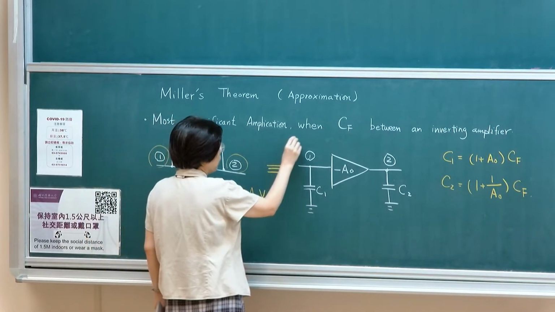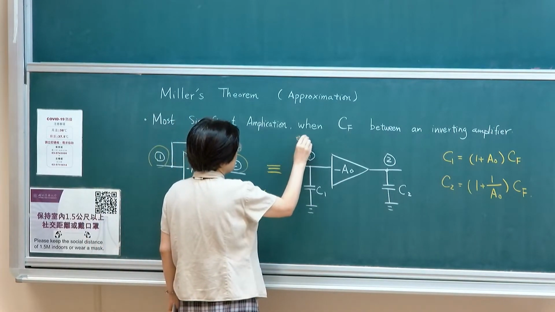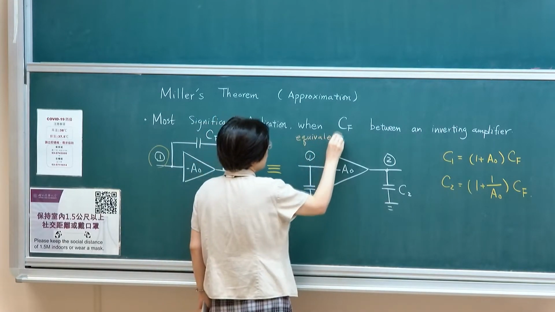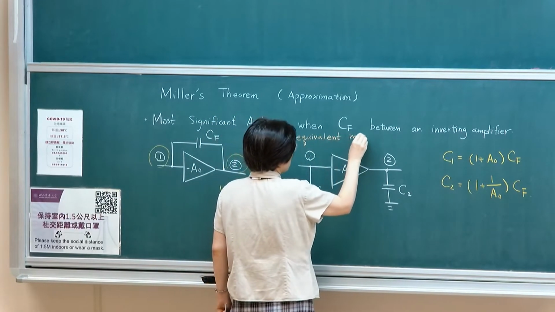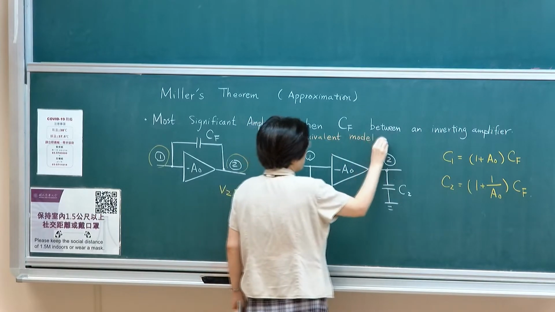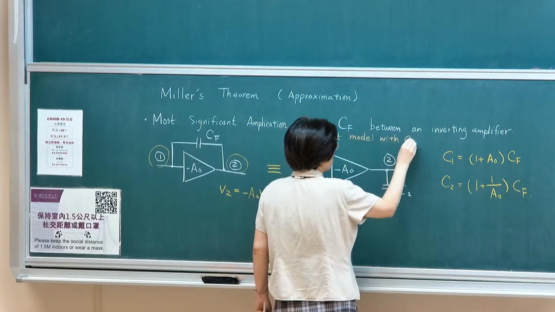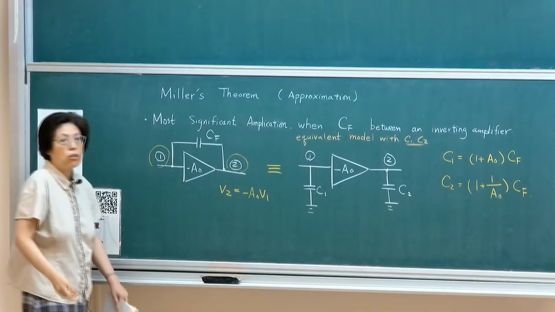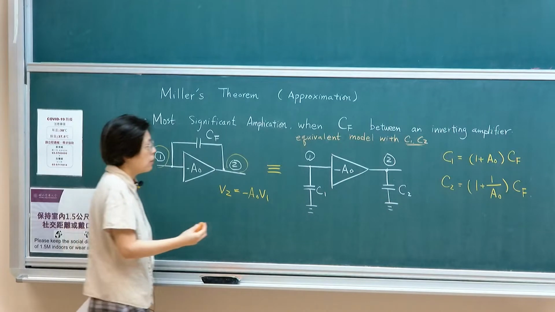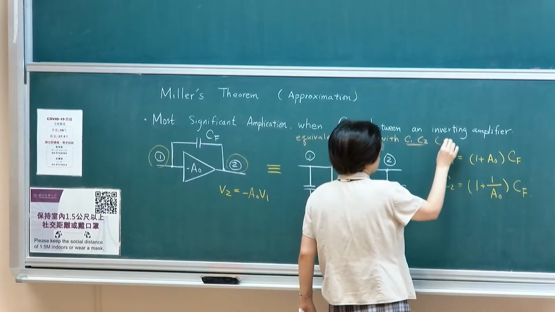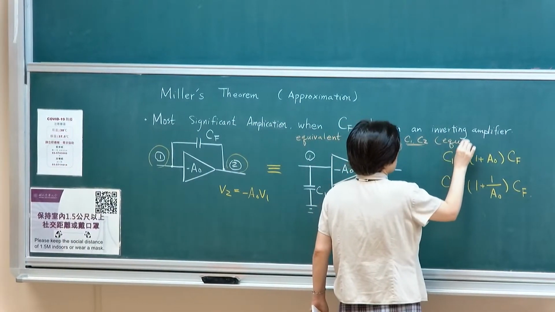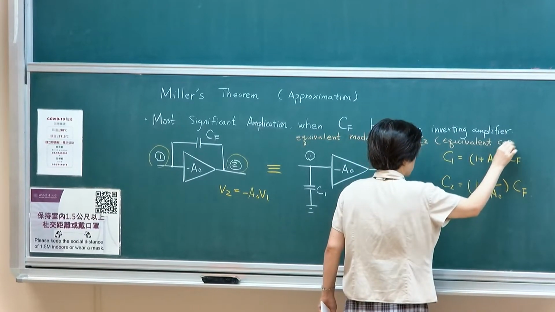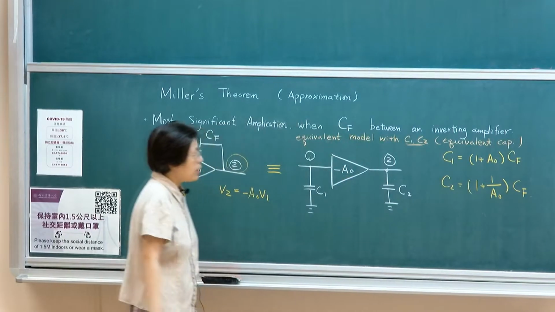So what we do is establish this equivalent model with C1, C2. As I said, these are equivalent capacitances.